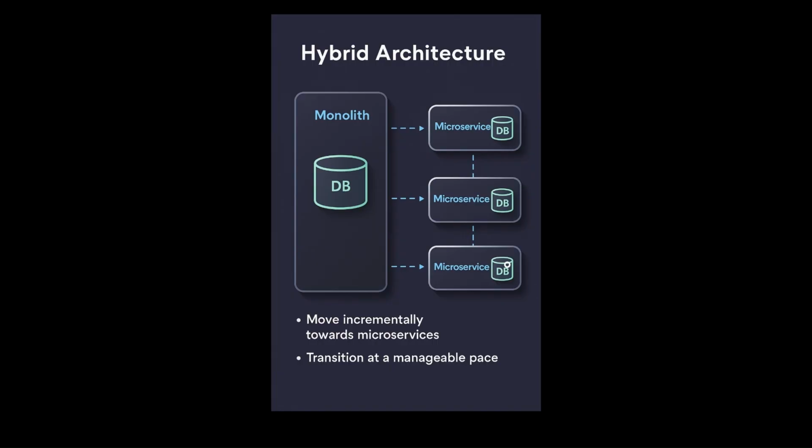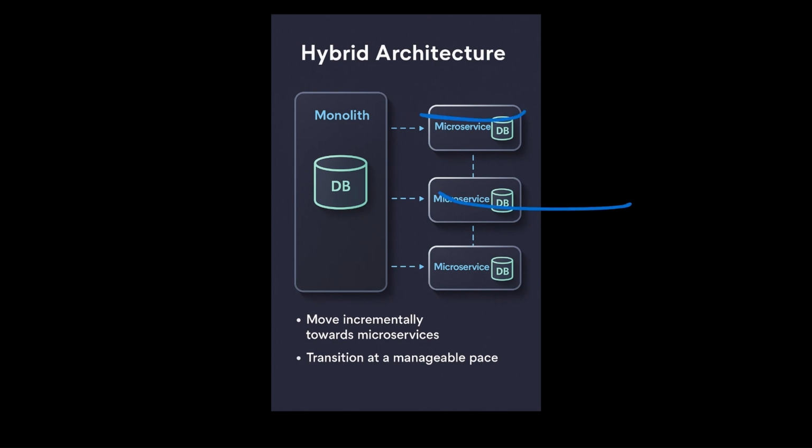If a system is using monolithic architecture, then it is very difficult to move directly to microservice architecture. A practical middle stage between a monolith and full microservices is hybrid architecture. Instead of rewriting the entire system from scratch, we gradually extract parts of the monolith into independent microservices.